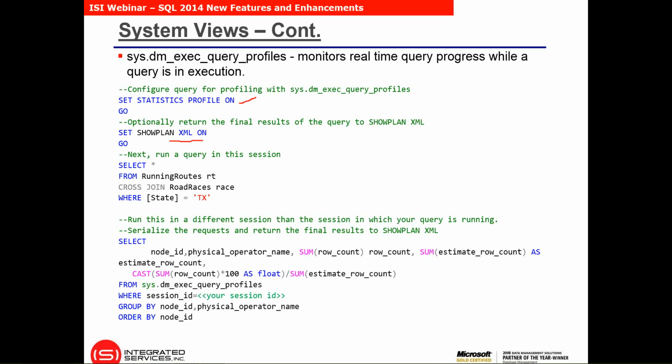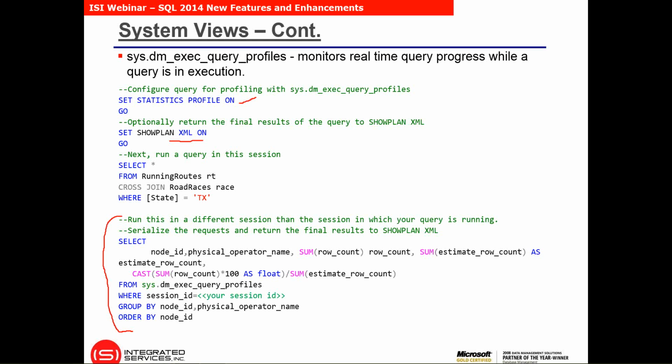Of course, I run it from my running routes table. And in a different query window, if I want to see that query execution plan in real time, I'm going to go to another query window, and I'm going to run this query. And it's going to show me what's going on in real time. I can sit there and refresh it and see the execution plan. So I thought that was pretty cool.